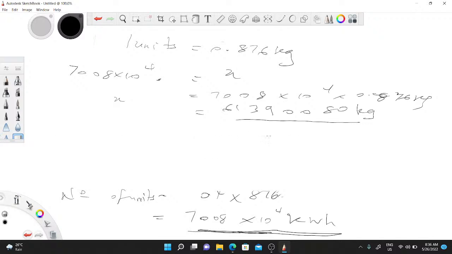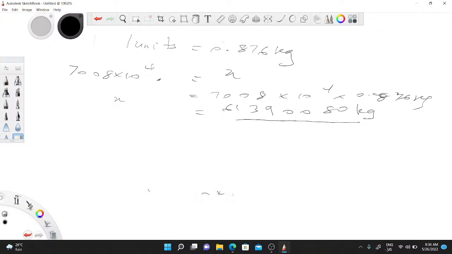So let's move on. Now I'll say that if 1000 kilograms is equal to 1 ton, 61390080 kilograms will give us how many tons? That will be a product of this and this divided by this.